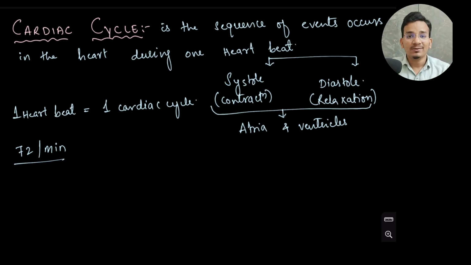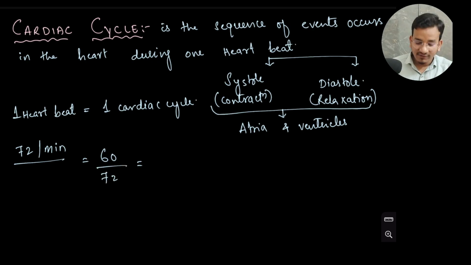As you can see, one heartbeat equals one cardiac cycle, so we have to find out the duration of each cardiac cycle. One minute is 60 seconds, so 60 seconds divided by 72. Why are we taking 60 seconds? Because in 1 minute, our heart is beating 72 times.